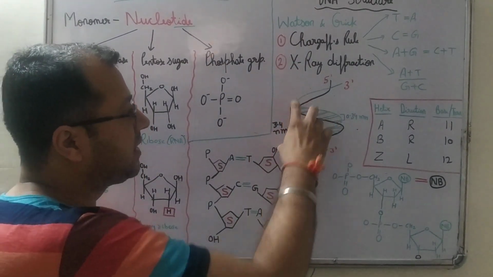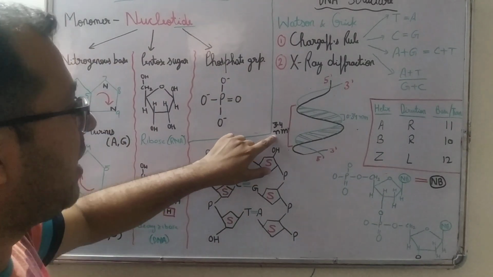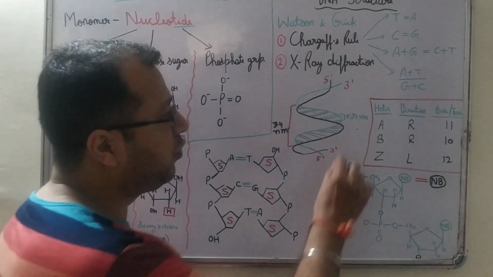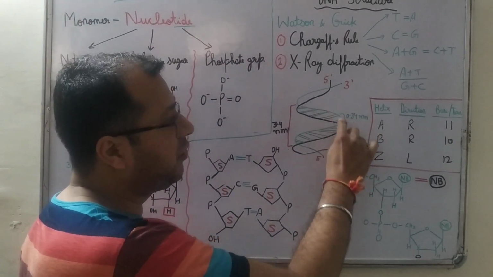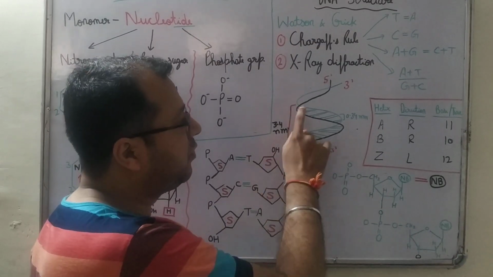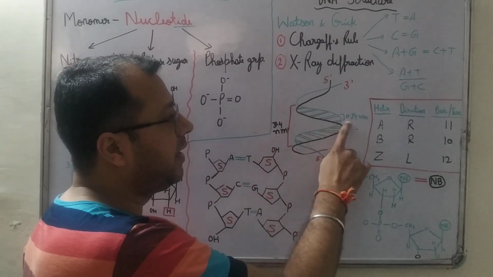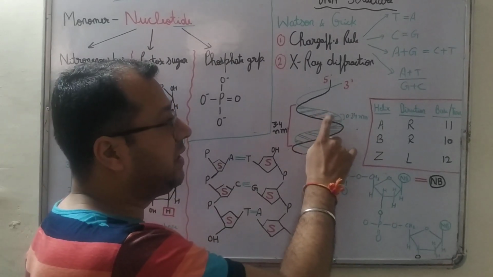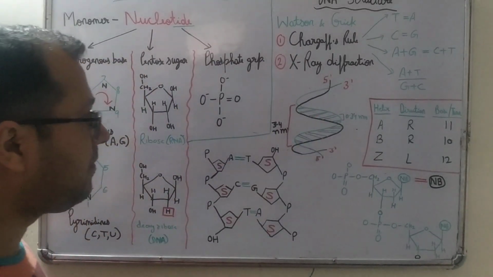So the total distance of one turn is 3.4 nm, and if we consider the distance between two adjacent nucleotides, it will be 3.4 divided by 10, because 10 base pairs are present in one turn, resulting in a distance of 0.34 nm between two adjacent nucleotide molecules.